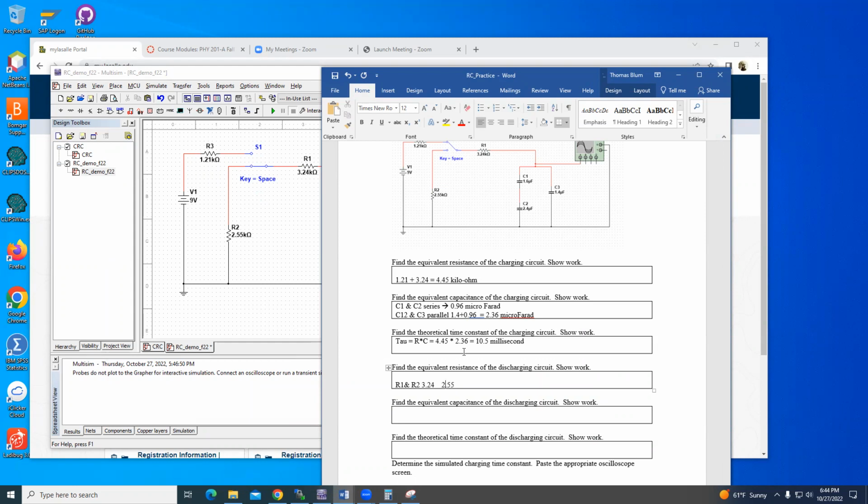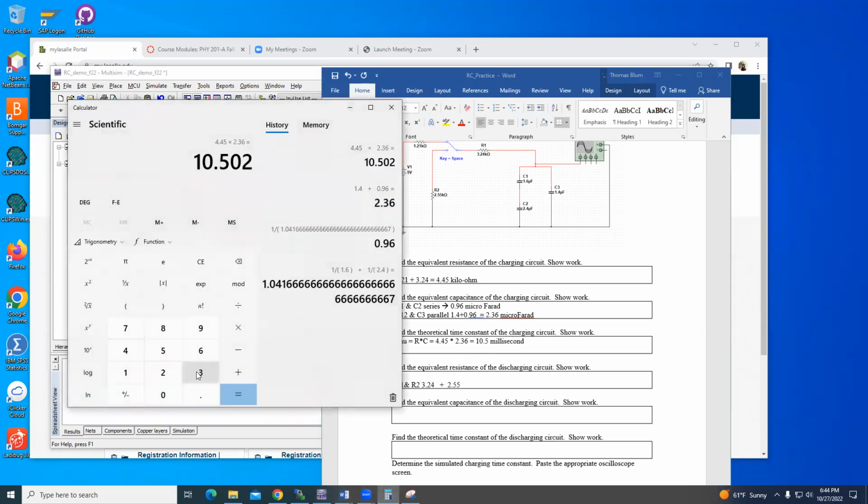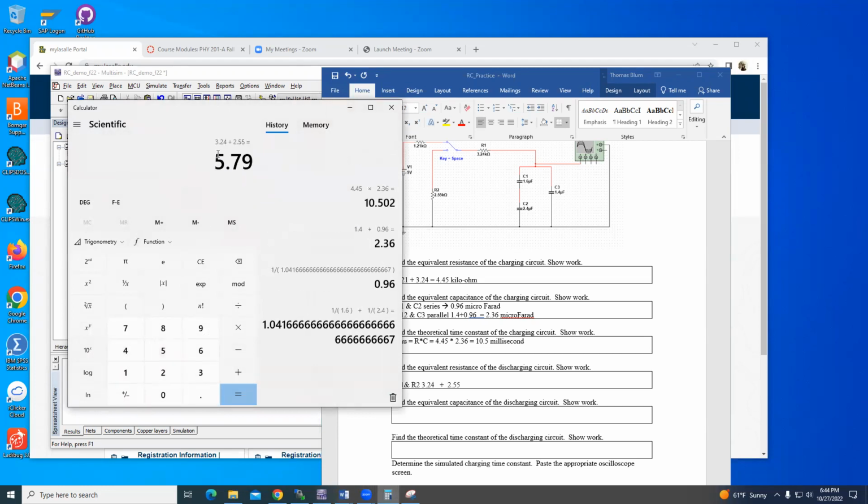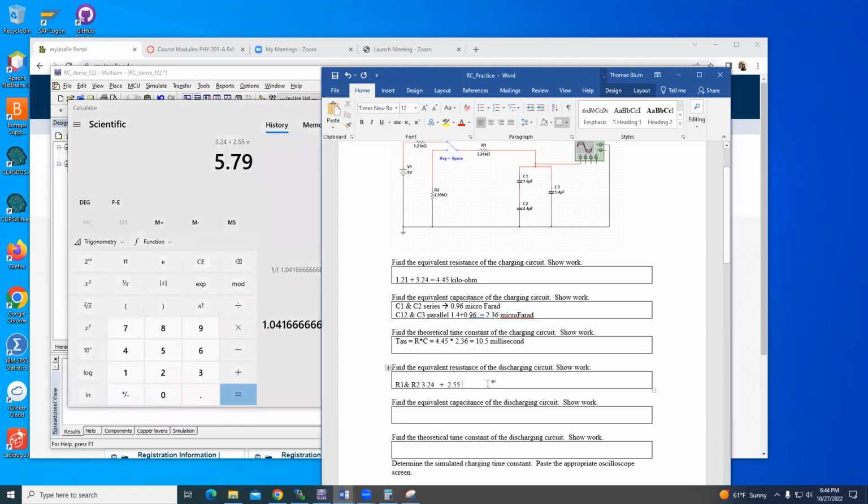Why am I adding them like I'm Swedish? I'm not. 3.24 plus 2.55 is 5.79. Now here's the trick for what I give. That is kilo ohm. The capacitance is the same capacitance.